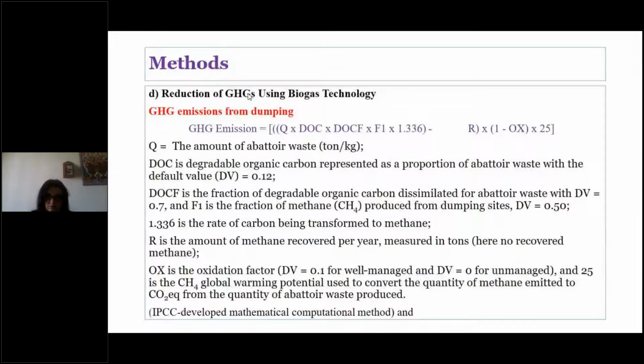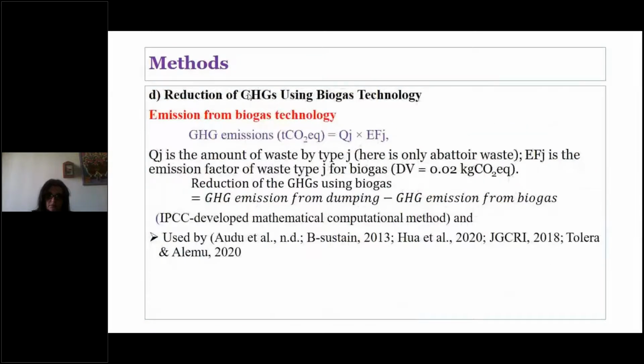Another point is the greenhouse gas emission reduction potential of biogas technology. This will be calculated by calculating the greenhouse gas emission from the dumping sites and the amounts of greenhouse gas emission from biogas technology.